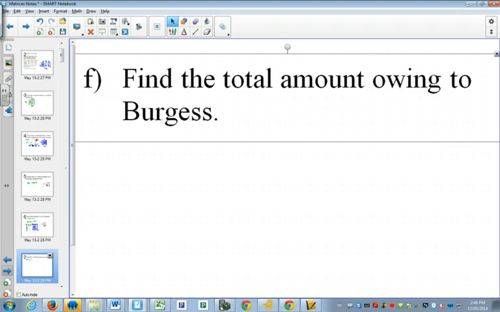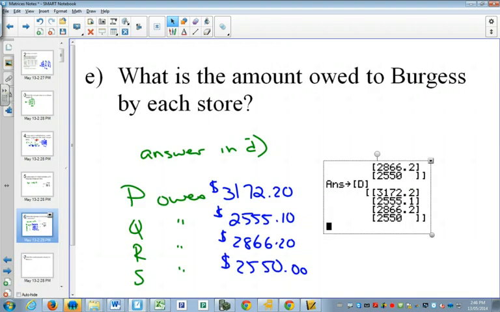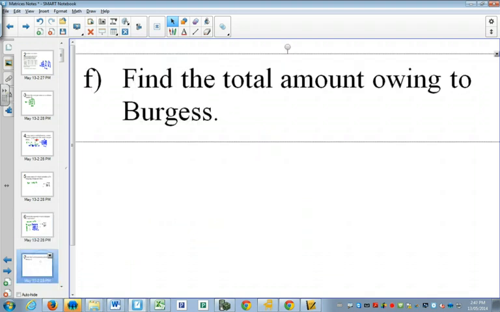Now, how do you add them all together? What kind of matrix multiplication could you do to add them all together? You could just add them all together, but I have a matrix D, which is how big? D is a 4 by 1.